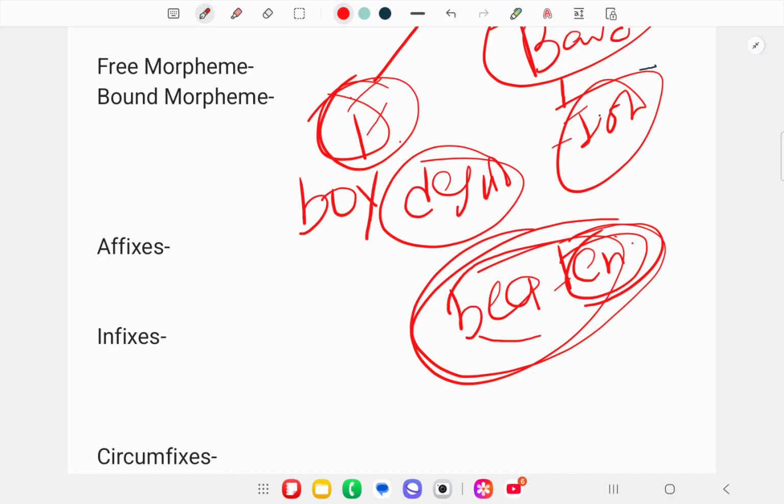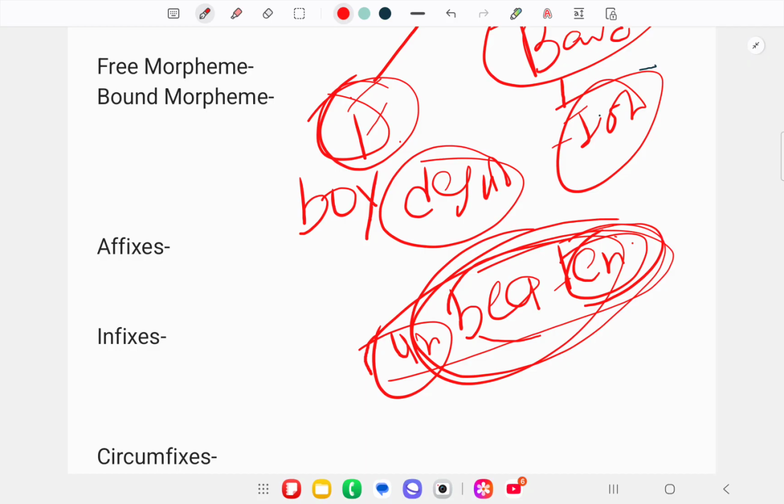But if we add the prefix un-, then this means unbeaten, or unbeatable, someone who cannot be defeated, who cannot be beaten by any of the persons.